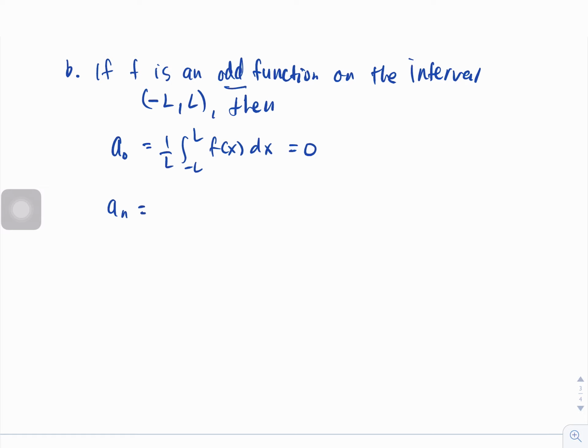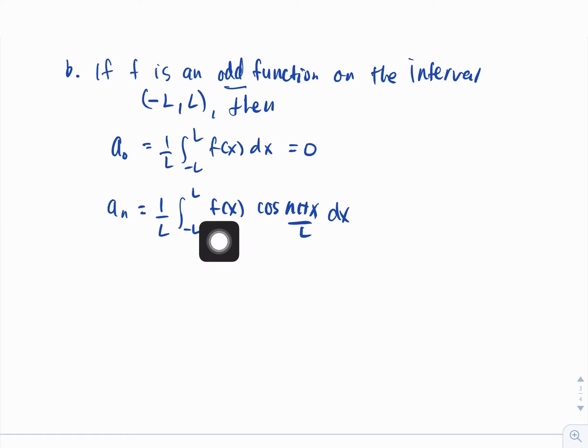Same with a_n. a_n is 1 over L integration from negative L until L of f(x) multiplied by cos(n pi x over L) dx. Since our f(x) is odd and is multiplied by an even function, cos, odd multiplied by even is odd. The integration of an odd function from negative L until L, again we will get 0.